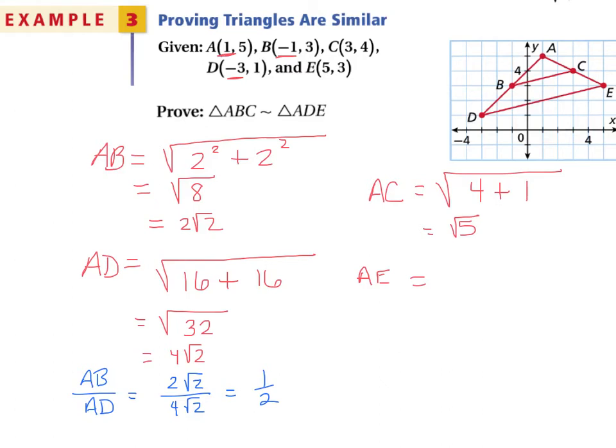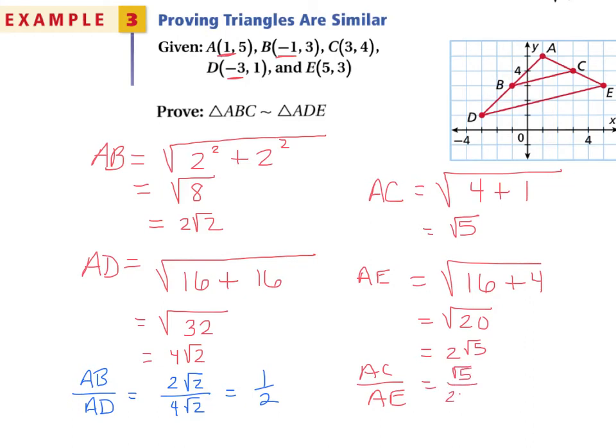AE would give me 1 minus 5, that's -4 squared, which is 16. And 5 minus 3, which is 2, 2 squared is 4. So that gives me the square root of 20. If I simplify that, I would get 2 root 5. And now we have to follow the same format. So the length of AC divided by the length of AE would give me root 5 divided by 2 root 5. That would also give me 1/2.